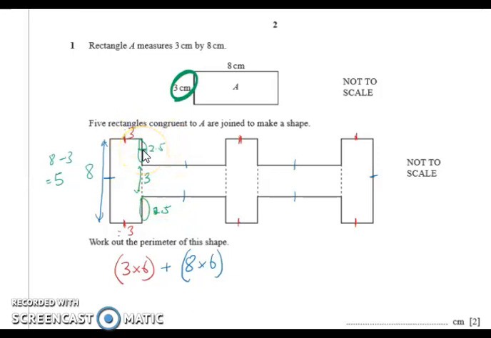So we calculate here 1, 2, 3, 4, 5, 6, 7 and 8. So 2.5 we multiply with 8. So we have to add all this together and total all of this, and we get 86 as your answer, and here's the 2 marks for this.